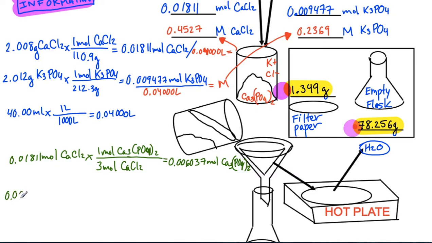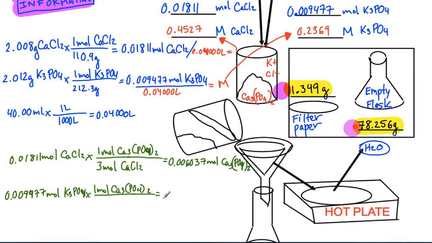If we have 0.009477, and that's a 4, moles of K3PO4, and I multiply that times the balanced reaction, which is 1 mole of calcium phosphate. Got my 4 that time.